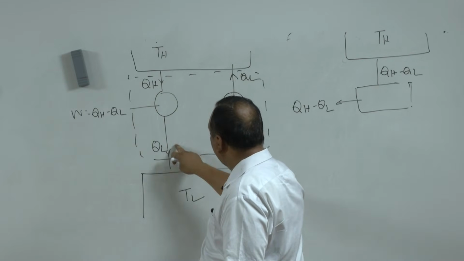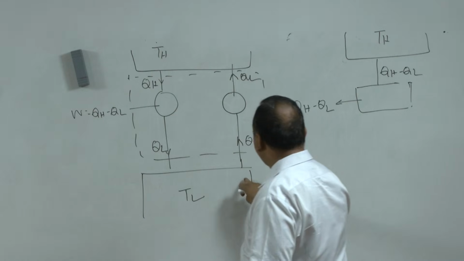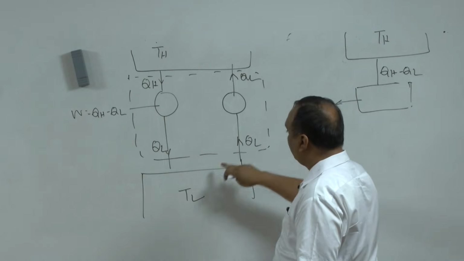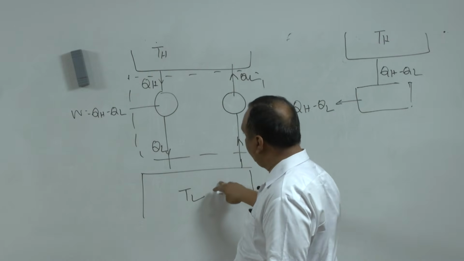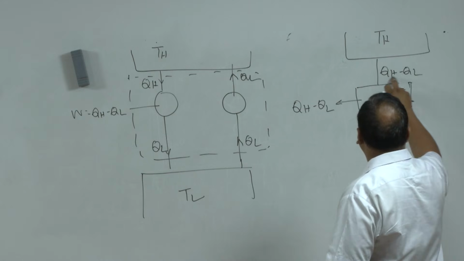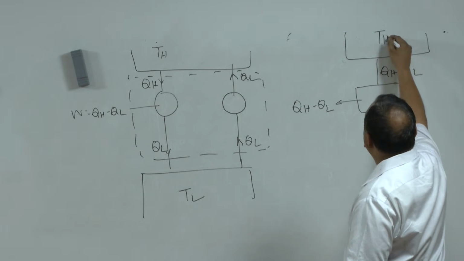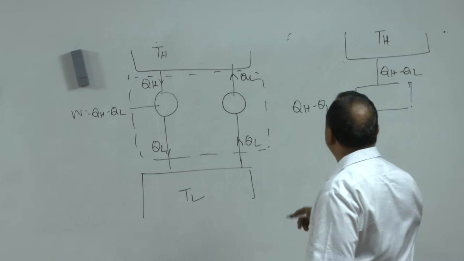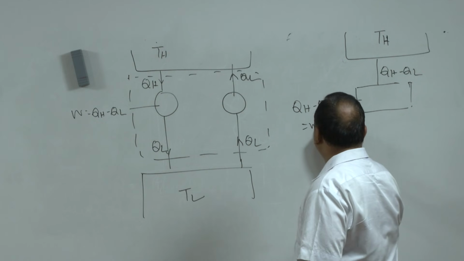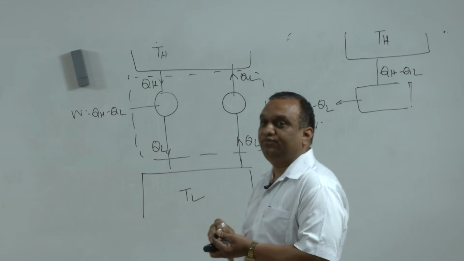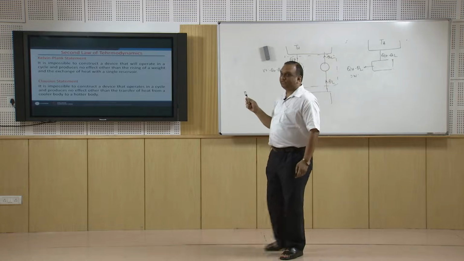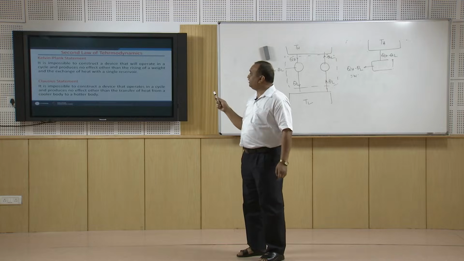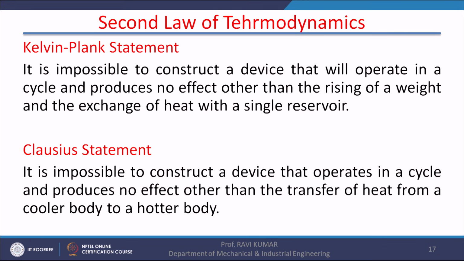However, QL heat is coming to the reservoir and QL heat is leaving the reservoir, so the net heat transfer to the reservoir is 0. So if we are drawing QH minus QL from the high temperature reservoir, then we can produce QH minus QL amount of work, that is a violation of the Kelvin-Planck statement. So violation of the Clausius statement will automatically lead to the violation of the Kelvin-Planck statement.